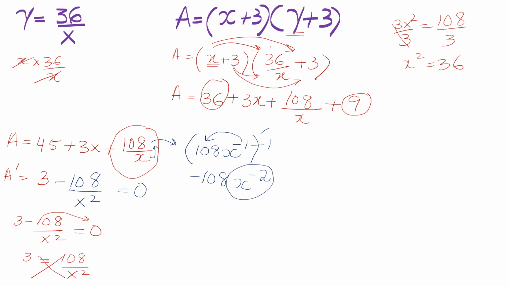After that, what you will do? You will take the square root on both sides. So you will get x equals plus or minus 6. Since you know that dimensions cannot be negative, you will only take x equals 6. Now in order to find the value of y, you have to substitute the value of x in this y equation.